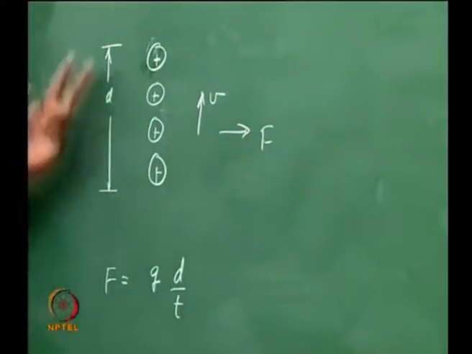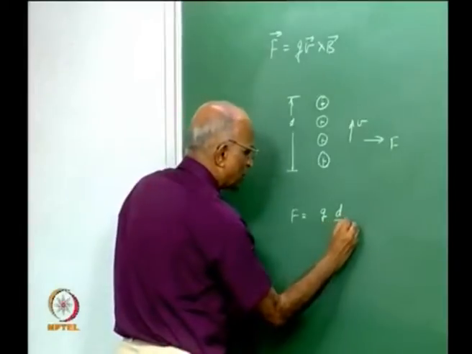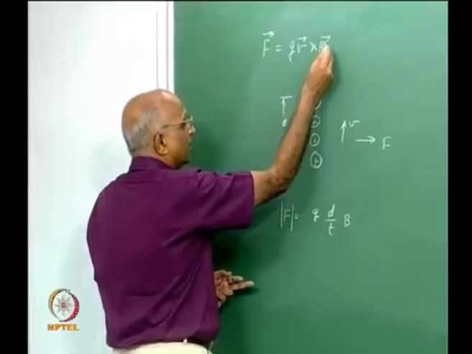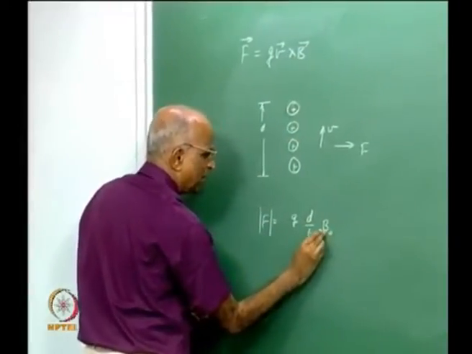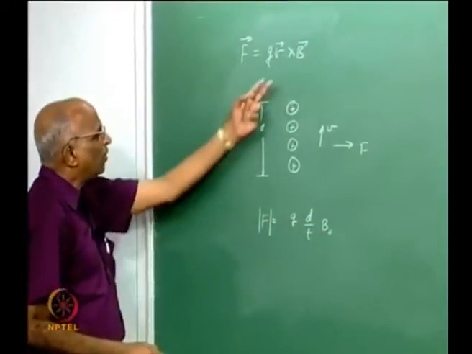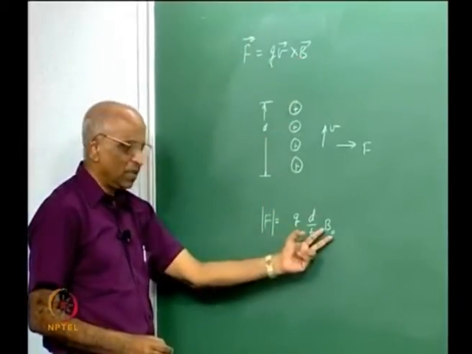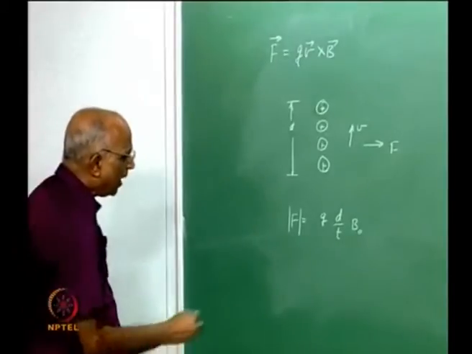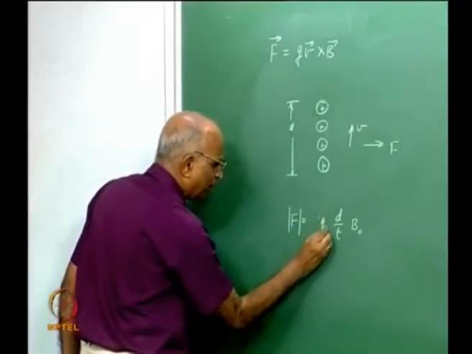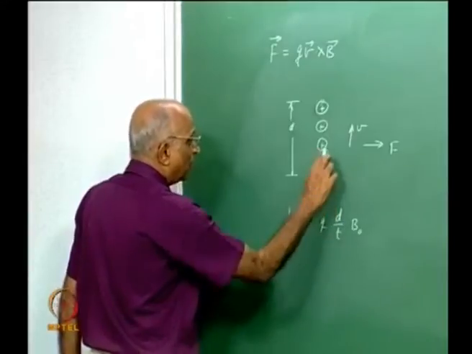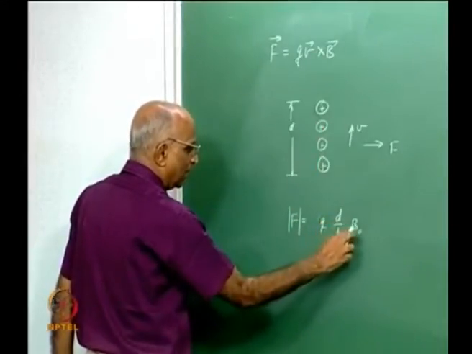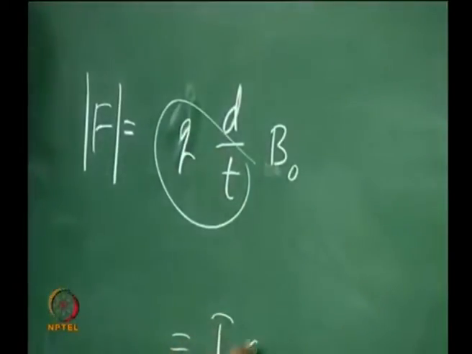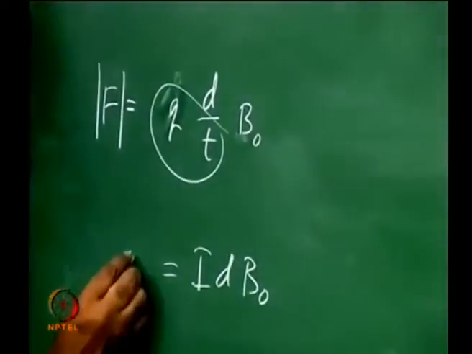Therefore d by t is my velocity, and the magnitude of the flux in Tesla I call B naught, just a word because I want to differentiate the vector from the scalar quantity Tesla over here. Therefore, I have q, the charge, and t the time over which it moves in the field, d by t into B naught, and q by t is current. I can also write it as current into d into B naught, and this is my force.